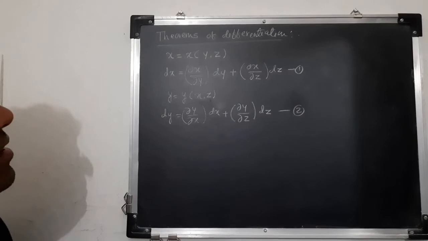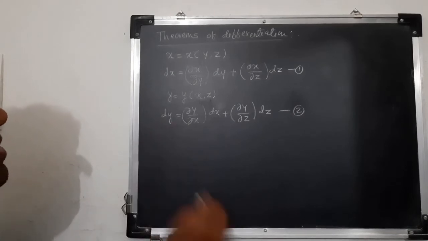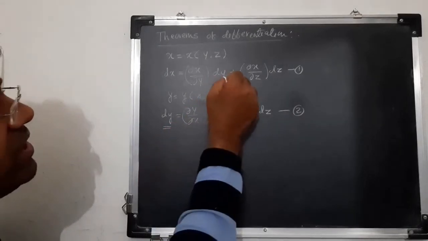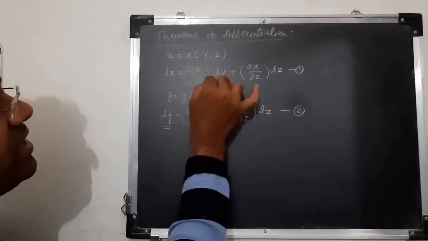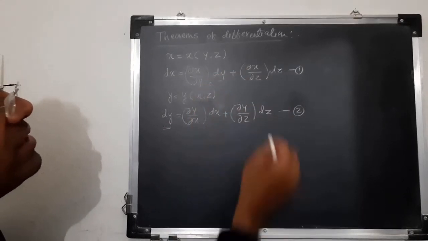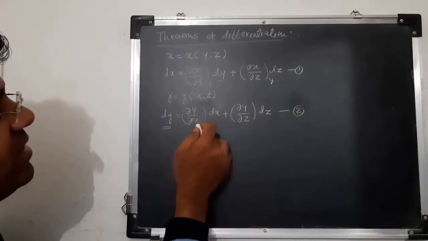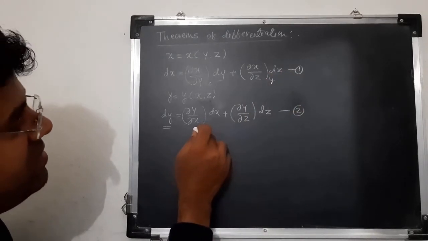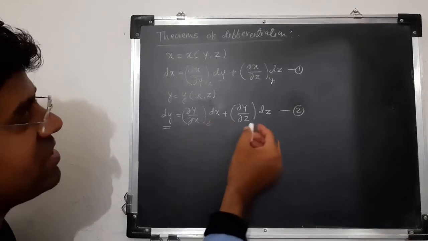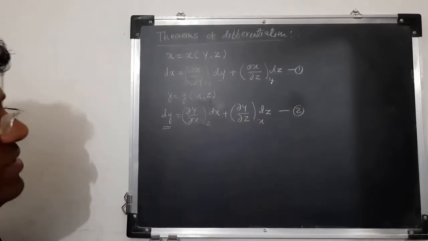Now we'll put this dy value over here. Please remember, z will be constant over here, here y is constant; and over here z is constant and over here x is constant.